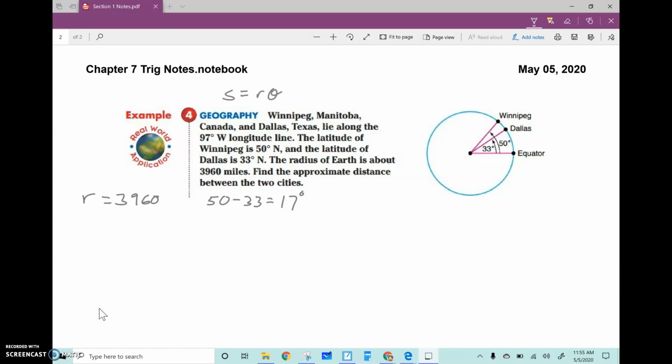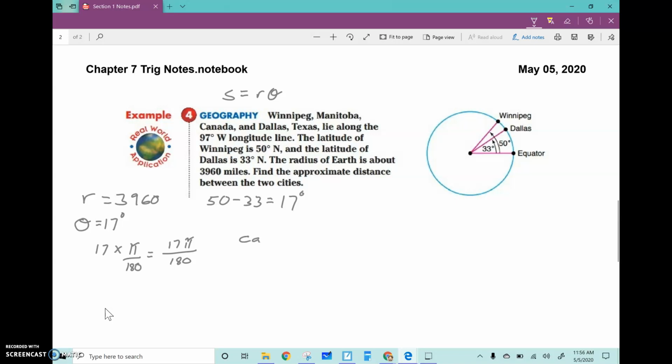That is going to be my reference angle. But I'm going to need to convert that into radians, so we're going to take 17 times pi over 180, and I end up with 17 pi over 180.